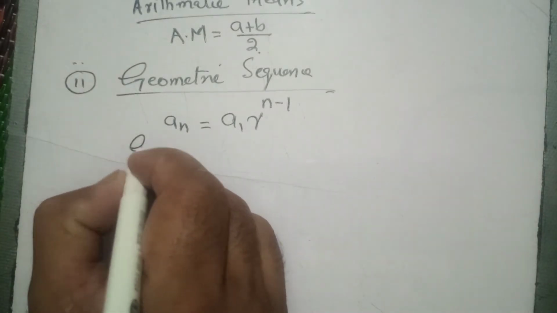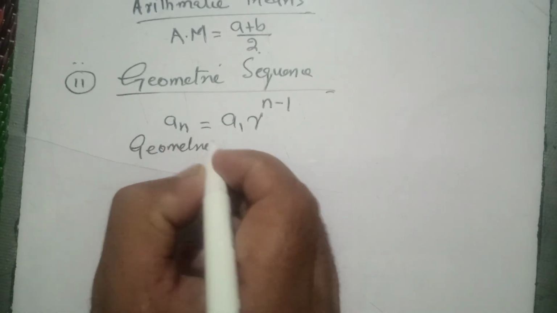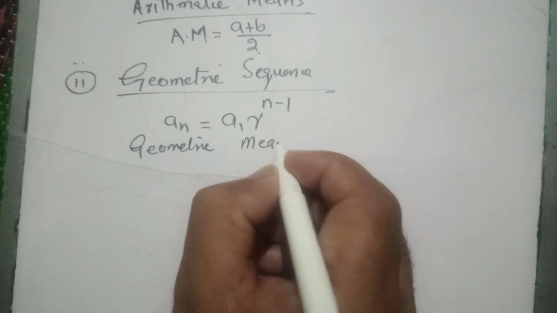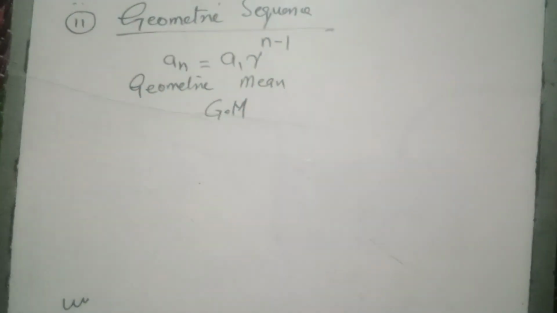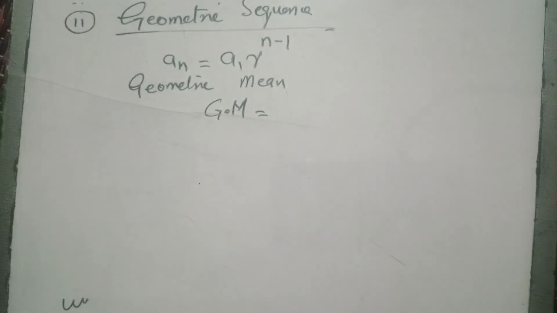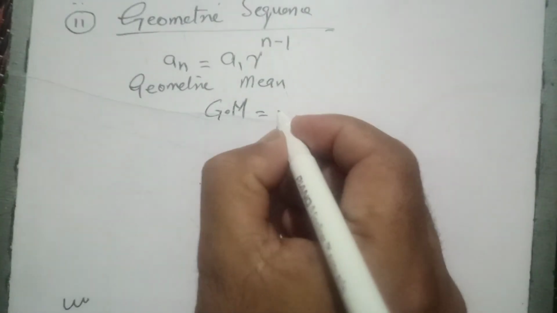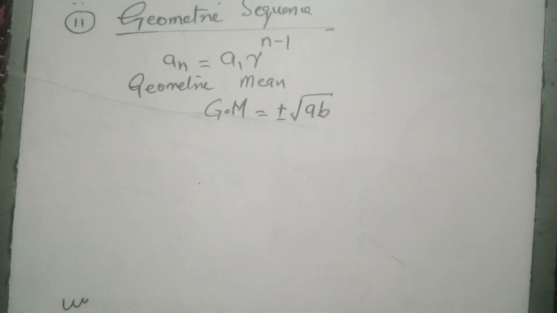Next, geometric mean between two numbers. The geometric mean between two numbers is represented as GM is equal to plus or minus the square root of ab.